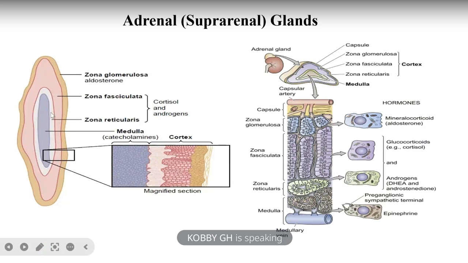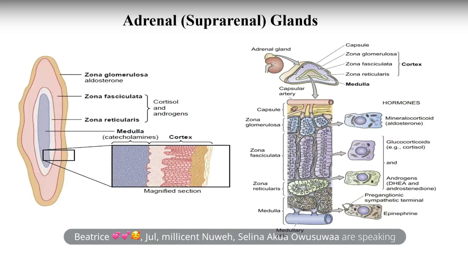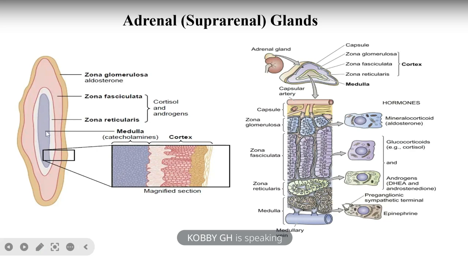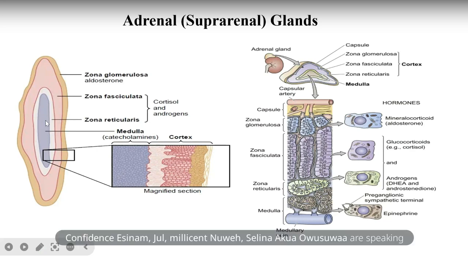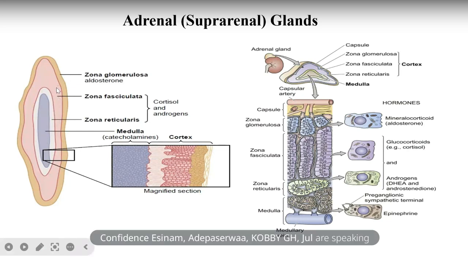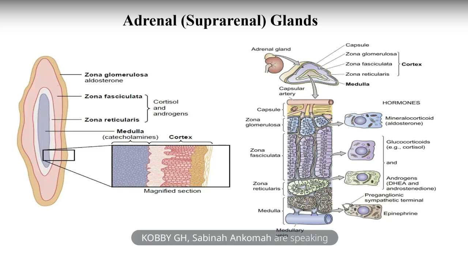I said anatomically, this gland is divided into how many divisions? Two. What is the name given to the innermost division? Adrenal medulla. And the outer division? Adrenal cortex. Further divided into how many zones? Three zones.